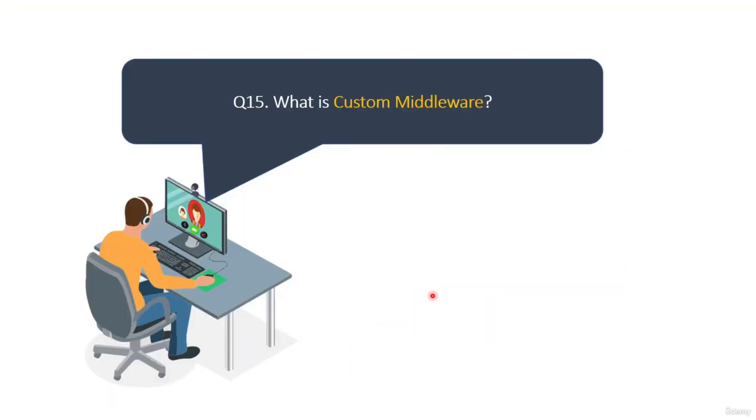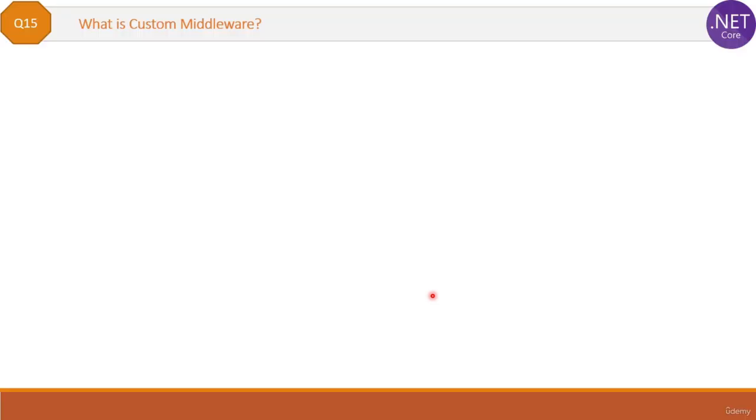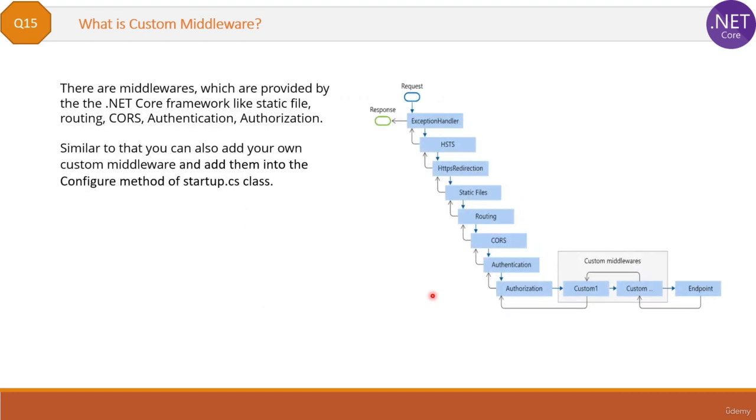What is custom middleware? Here in the diagram you can see there are middlewares which are provided by the .NET Core framework, like for static files, for routing, for CORS, for authentication, for authorization. These are provided by the .NET Core framework.